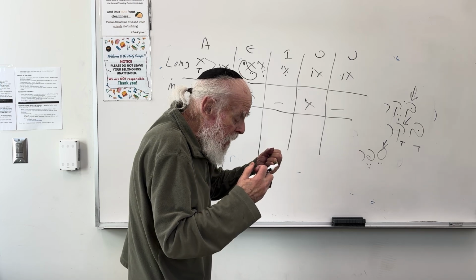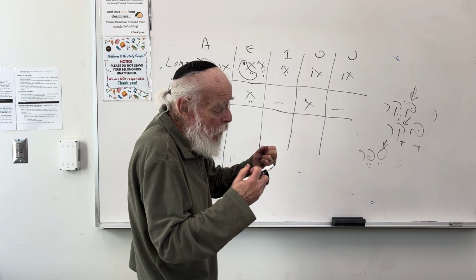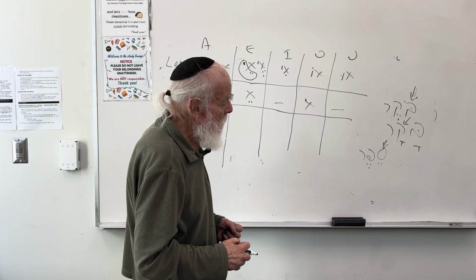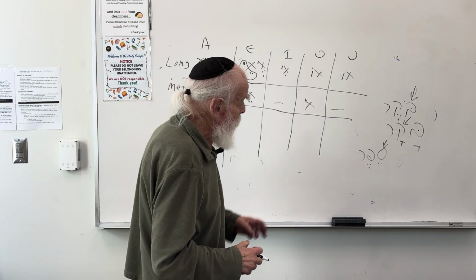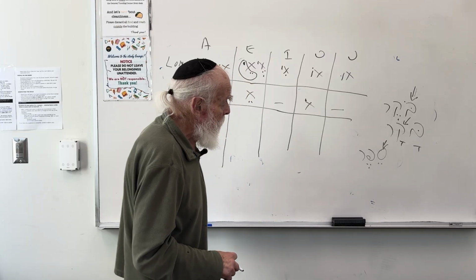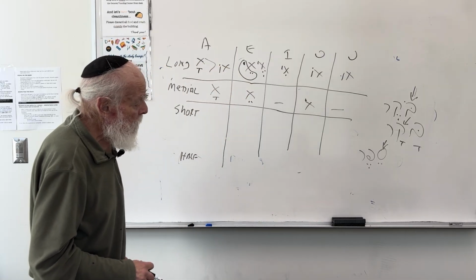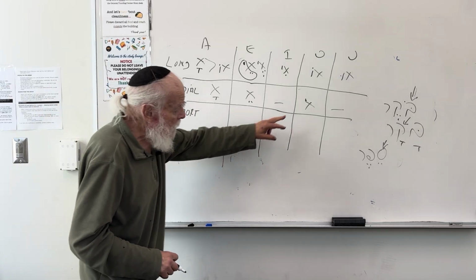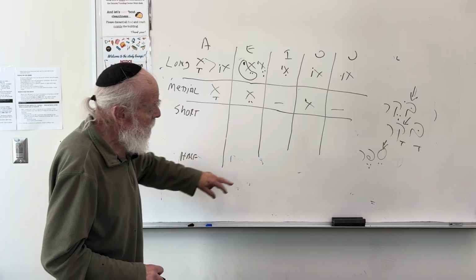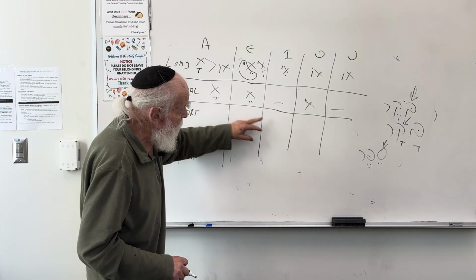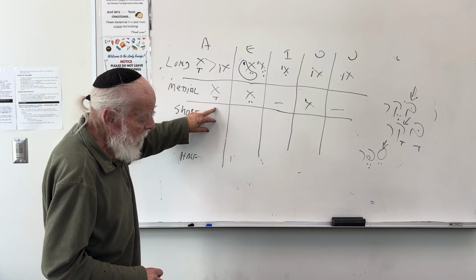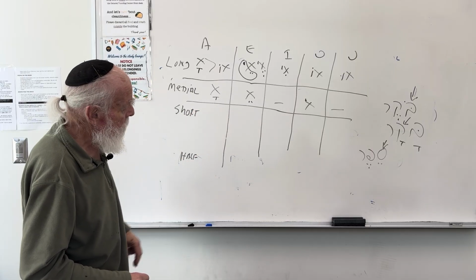The tsere may not do it all the time. The cholam always does. And the kamatz is either or. And we'll tell you why it's either or, because there's another kamatz we haven't seen yet. So the three medial vowels: medial cholam, as this is called, medial tsere, medial kamatz. This is always accented. This is always accented for our purposes. And this is either accented or one place removed from the accent.